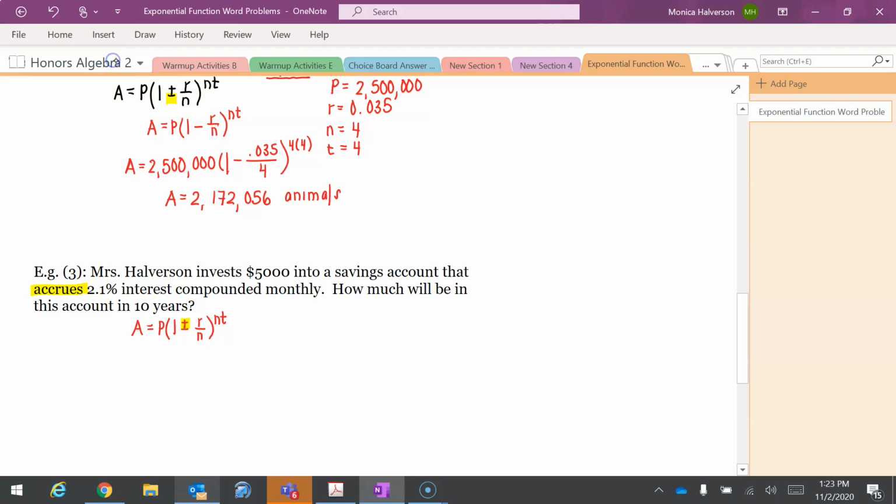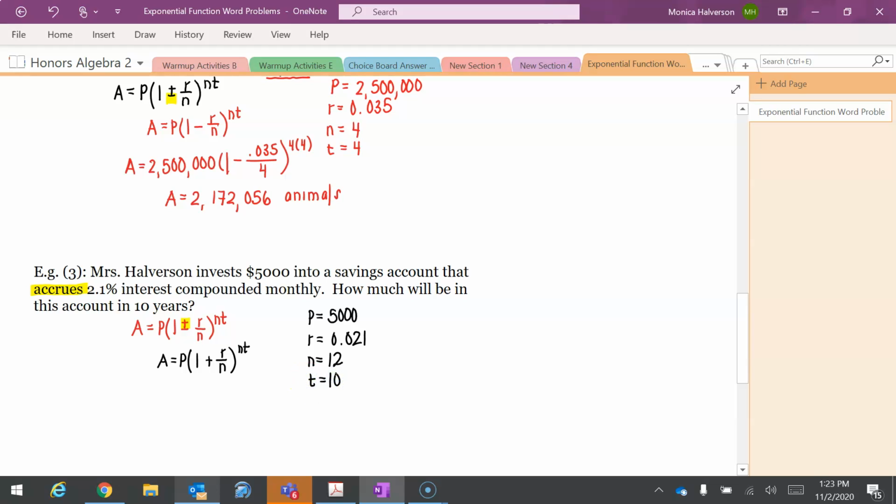So our actual formula is going to be A is equal to P times 1 plus R over N raised to the NT. So our P value is $5,000. That's how much I invested into my savings account. My savings account accrues interest at 2.1%, which is converted to 0.021. It's compounded monthly, which means my N value is 12.